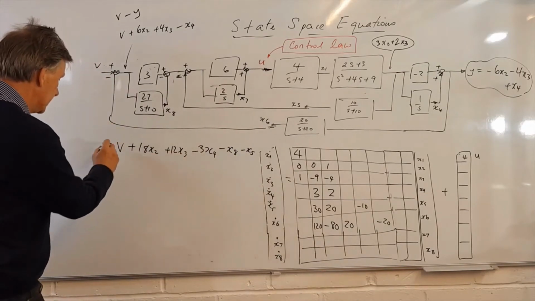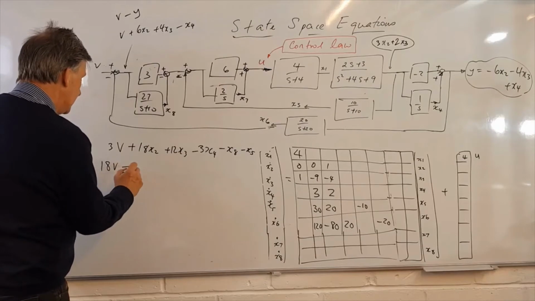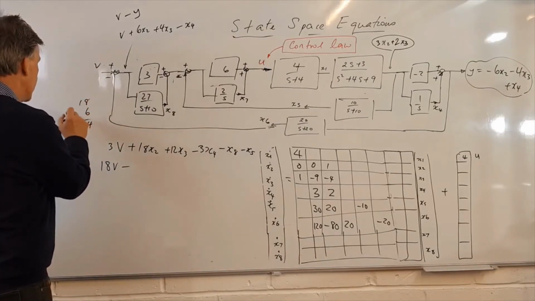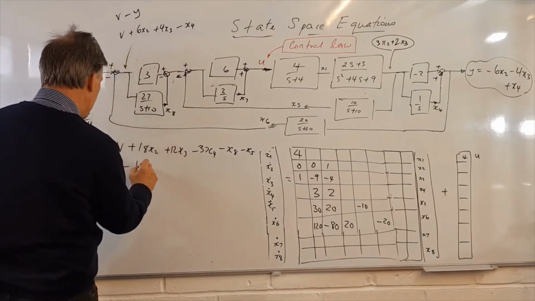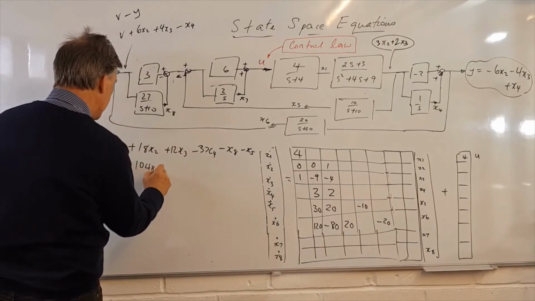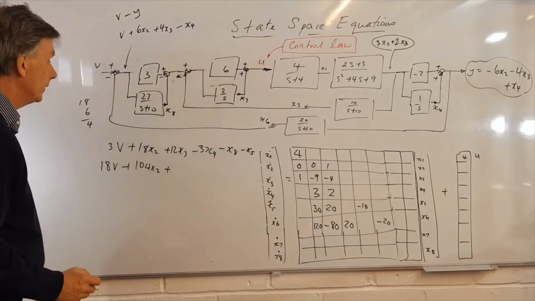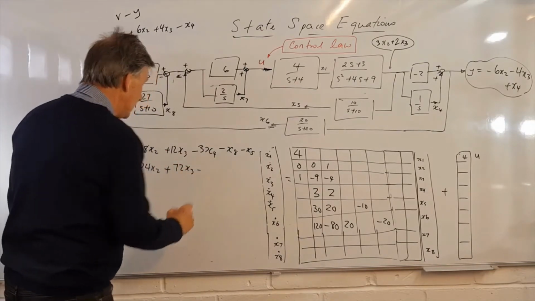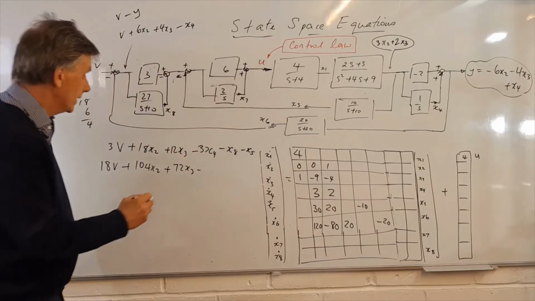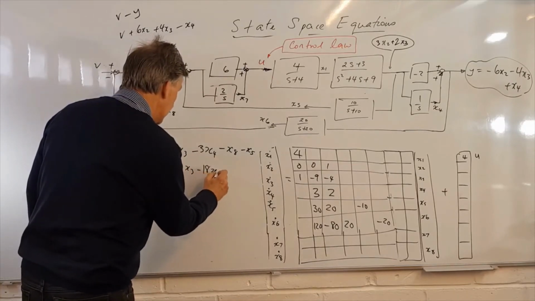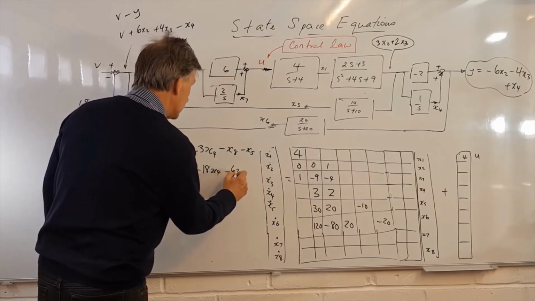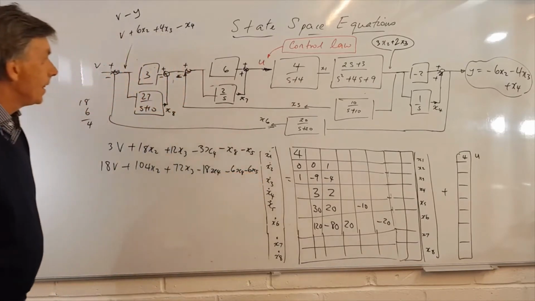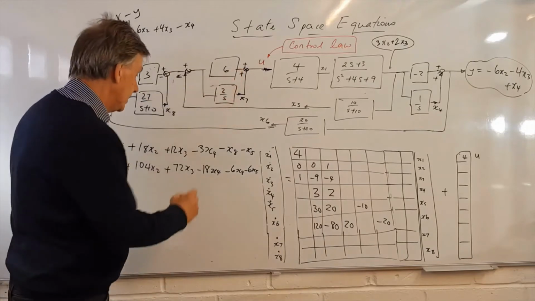So 6 times that would be 6 3s is 18v. 6 18s, 6 8s is 48, 104 plus 104x2. Then we've got 6 12s, 72x3 minus 6 3s are 18, 18x4 minus 6x8 minus 6x5 plus x7.